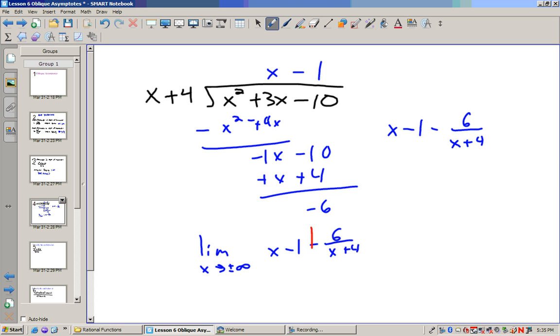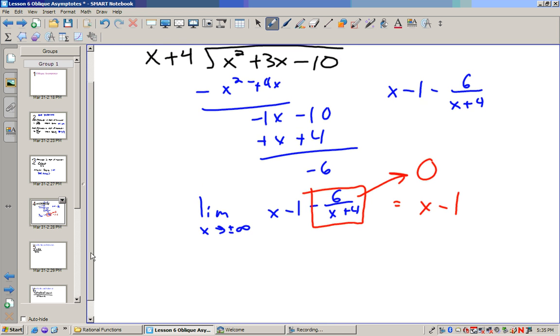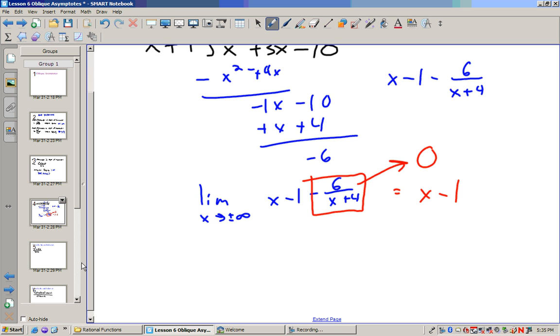Hopefully you're saying this part of the function is going to go towards 0. So really, what this is going to go towards is the equation x minus 1, which is a linear equation. So this will tend to the line y equals 1x minus 1.